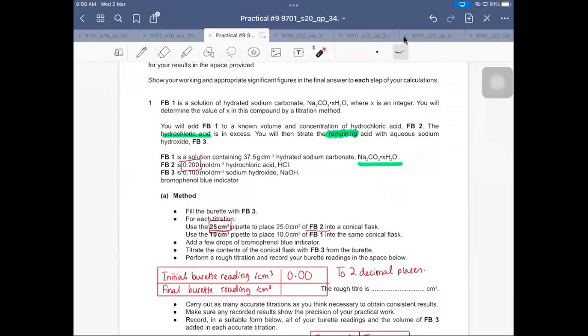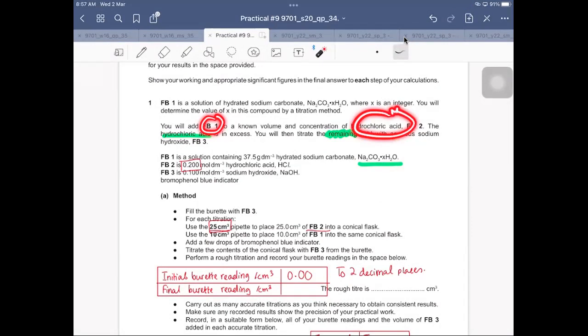Okay, so just to quickly recap, what you guys did here was FB1, which is a carbonate, reacting with hydrochloric acid. That is our first reaction. If you react the hydrochloric acid with a carbonate, you would expect to form salt, carbon dioxide, and water.